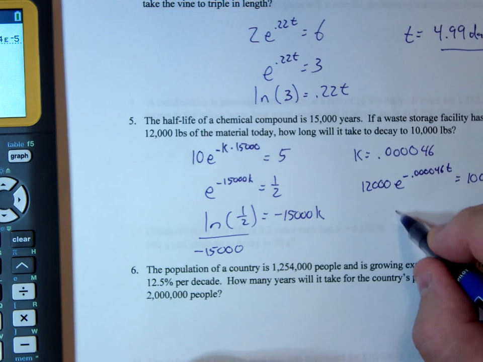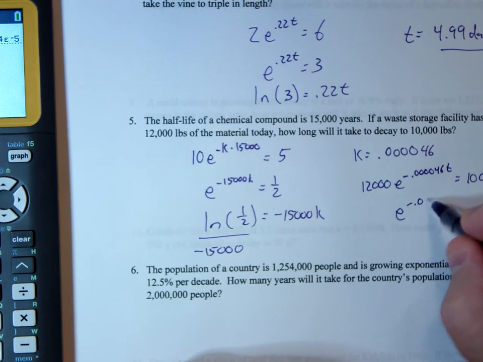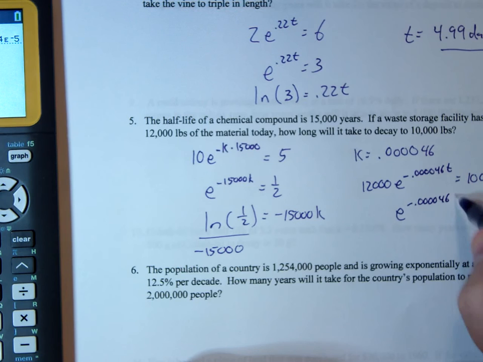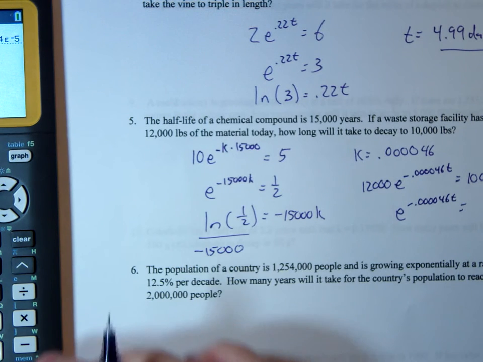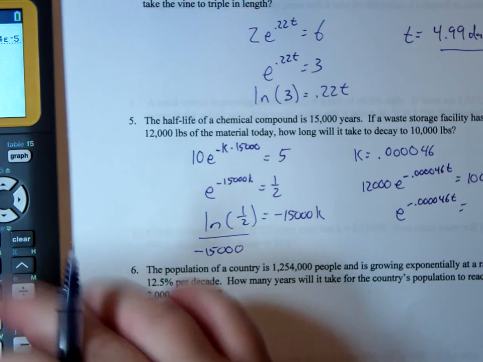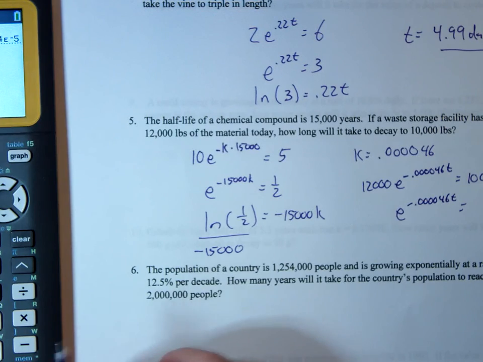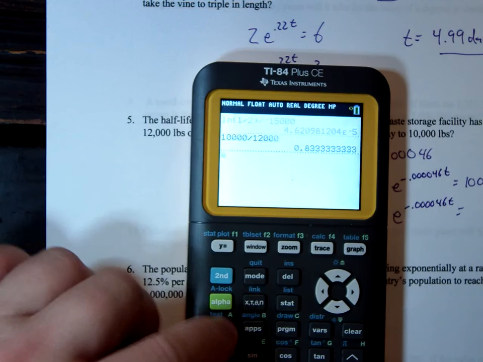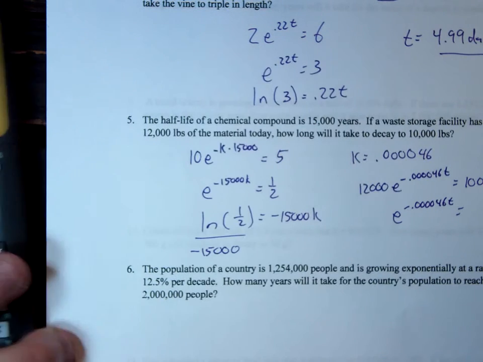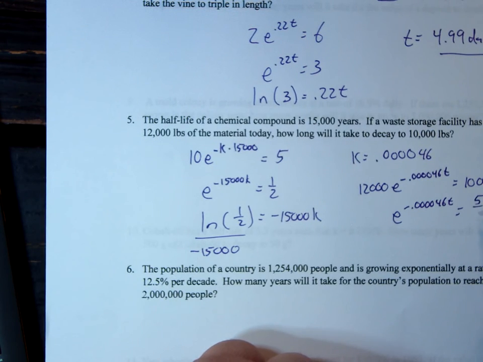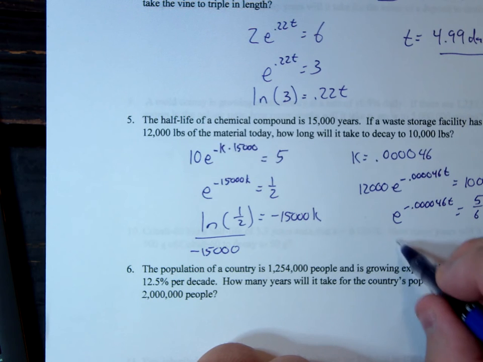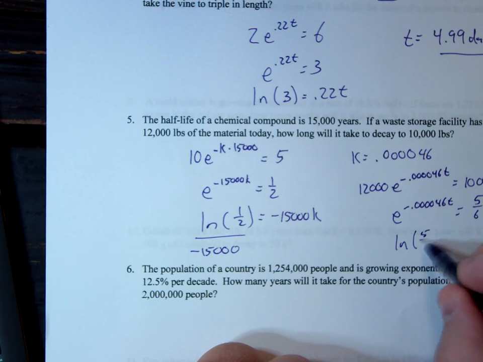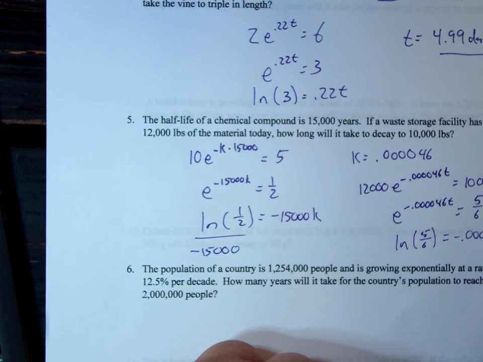So when will e to the negative 0.00046t equal 10,000 divided by 12,000? That's that repeating decimal again. So I'm going to use the fraction form, 5/6, so I don't have to round. So the natural log of 5/6 equals negative 0.00046t.